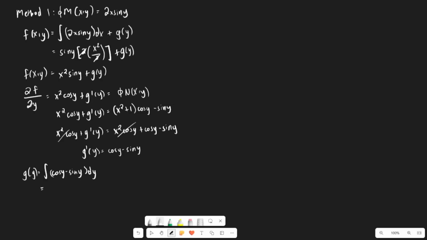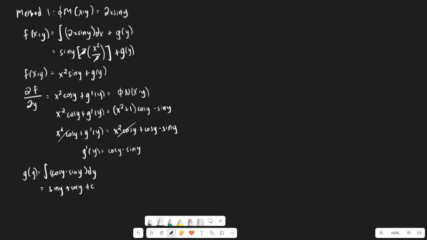The integral of cosine y is basically sine y, and the integral of negative sine y is positive cosine y. Since the derivative of cosine y is negative sine, then the integral of negative sine is the positive cosine, plus c.